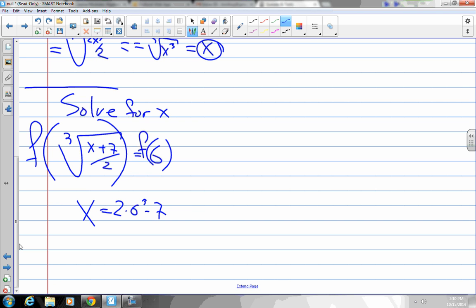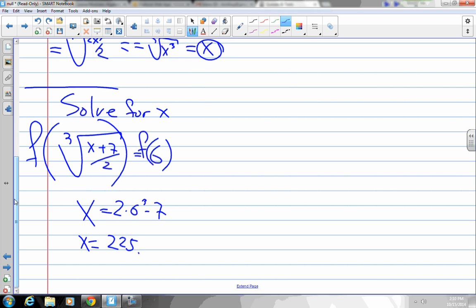Didn't I? I know there seem to be many more moves before that. But really, as far as solving this equation, if I know beforehand that the composition of these two functions just gives me the x, then I take the same composition on the other side. So whatever this 6 cubed is, 216 times 2, 432 minus 7, 425.